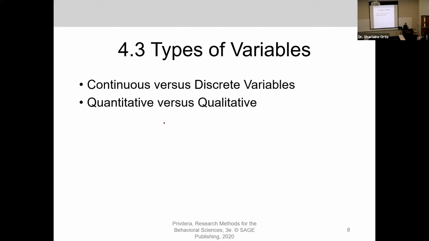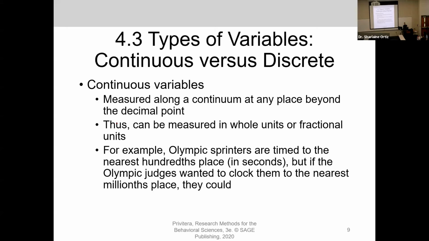with our types of variables. We know what a variable is, and we know how to measure it, I should say. Let's talk about two types of variables. The first one is a continuous variable. As the term suggests, it stands along a continuum.